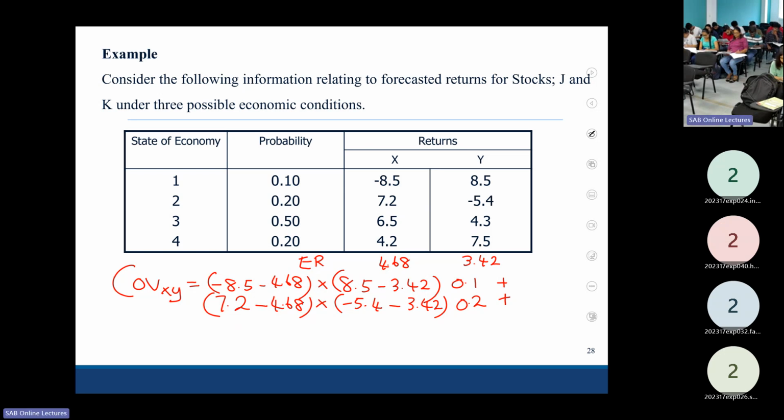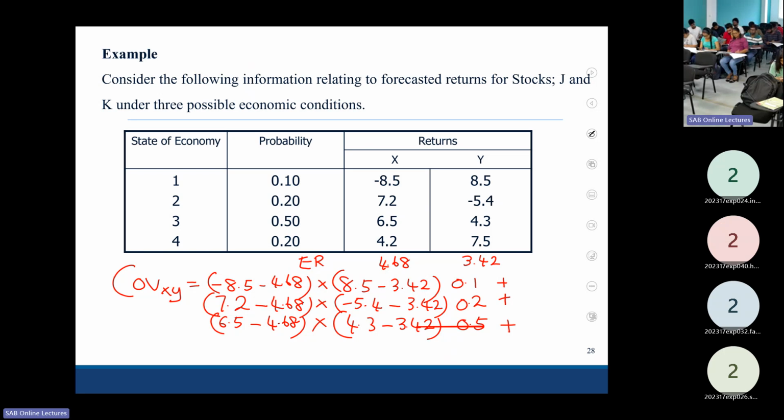Likewise, in the third state of economy, forecasted 6.5, deviation from the expected, and forecasted stock Y, 3.42, probability 0.5, plus.